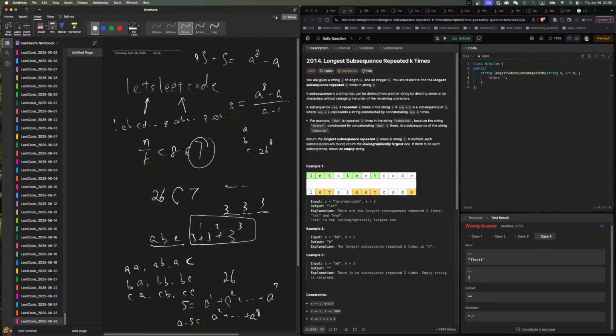Oh, this length is restricted. It's not the number of, it's the length. So A cannot be 26. I think I misunderstood this.